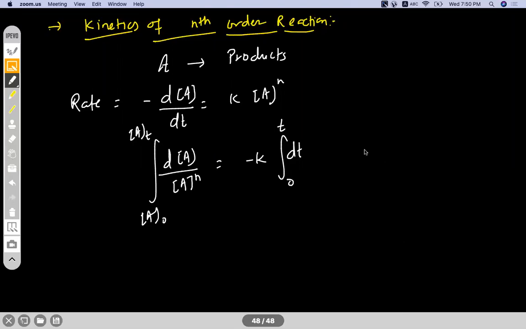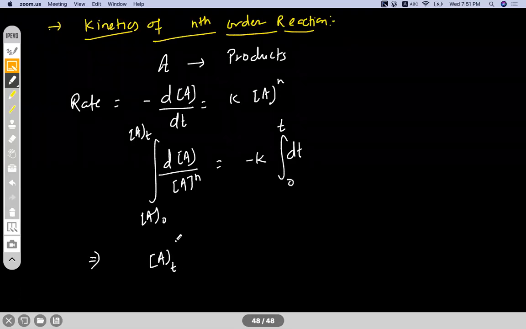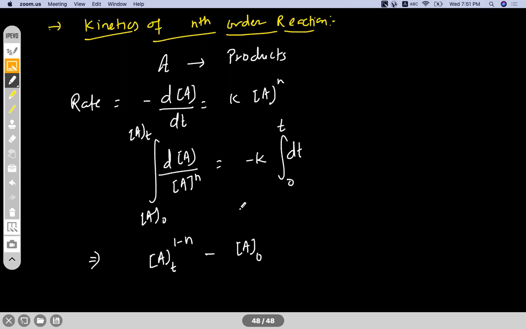Yeah, so I'll write down the expression here directly. You can derive it. The expression is: At, the concentration at time t, to the power 1 minus n, minus the concentration that we initially have, to the power again 1 minus n, is equal to n minus 1 times k into t.